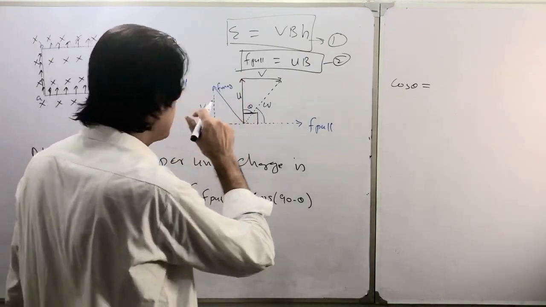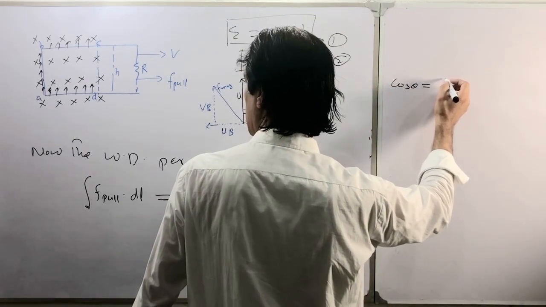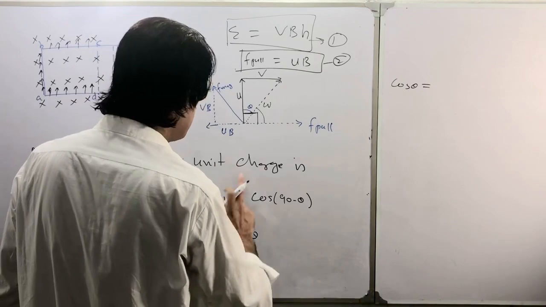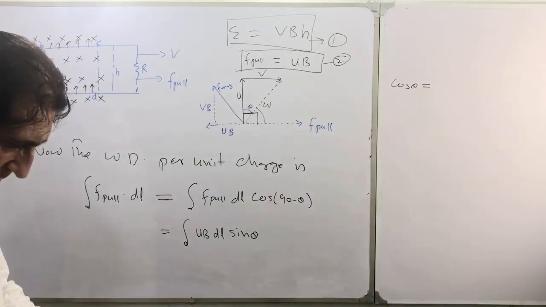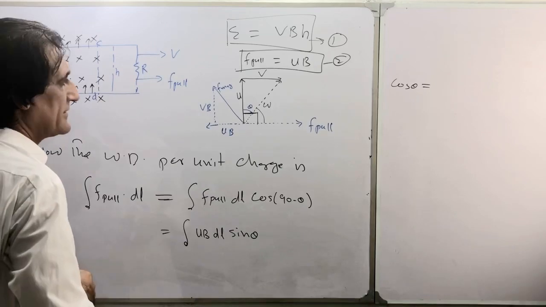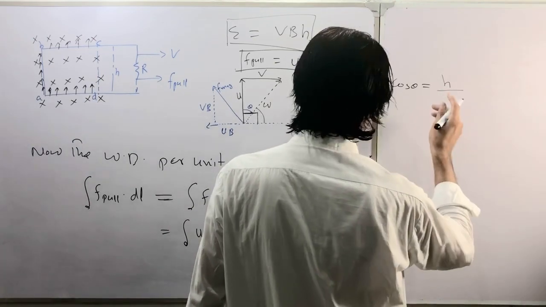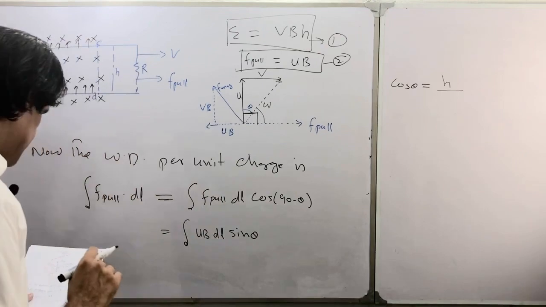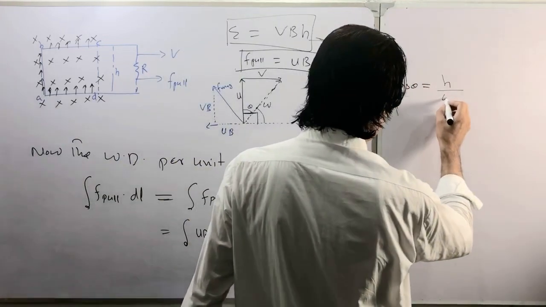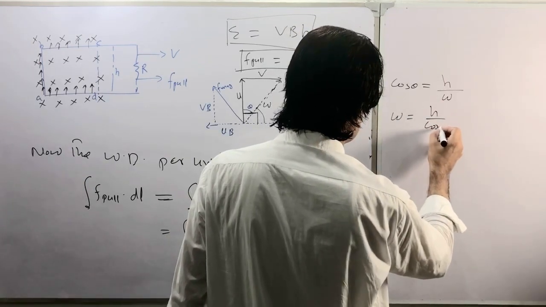The base is the length, this is the length h, and this is actually this, if I denote this by W. So this W length will be equal to h divided by cosine of theta.